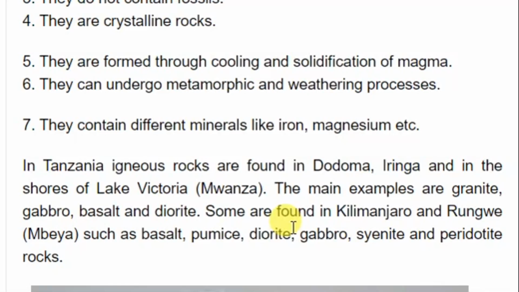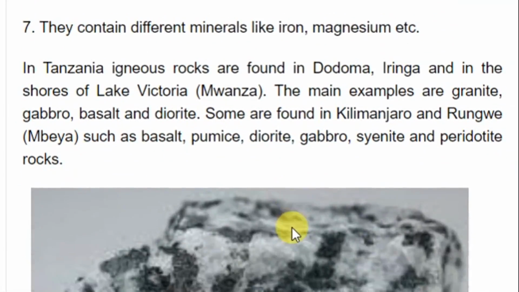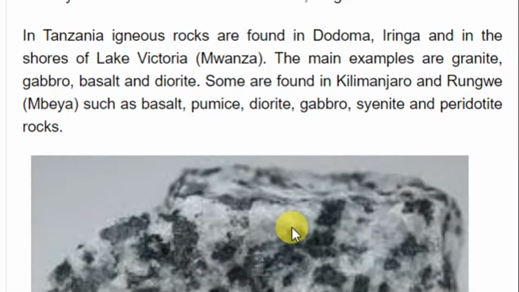Then they contain different minerals like iron, magnesium, etc. So in Tanzania, igneous rocks are found in Dodoma, Iringa, and on the shores of Lake Victoria, like Mwanza. The main examples are granite, gabbro, basalt, and diorite.